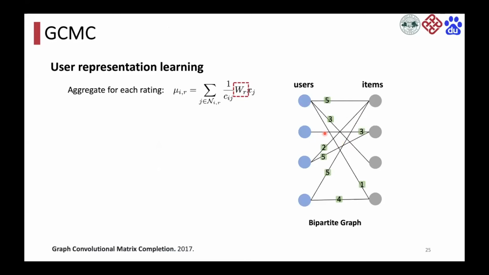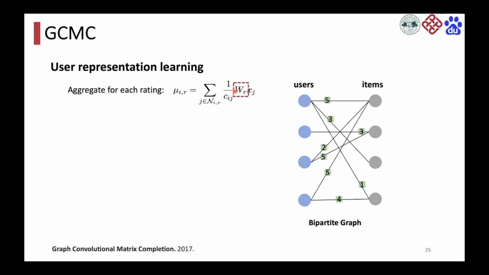One of the most representative methods is GCMC, short for graph convolutional matrix completion. To learn the user representations in this scenario, GCMC first aggregates the neighbors' information for each rating value r.